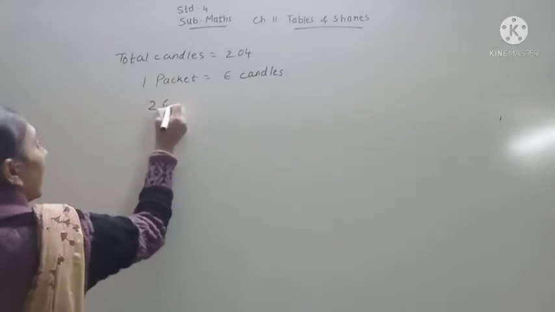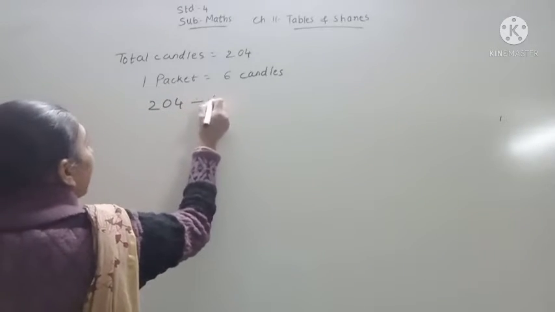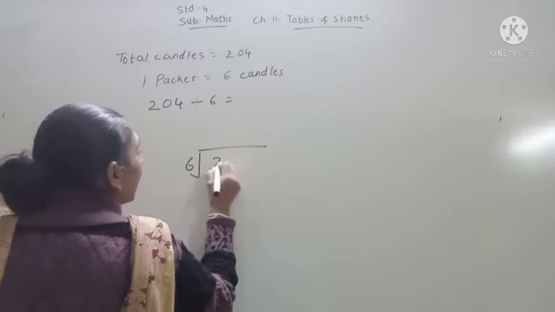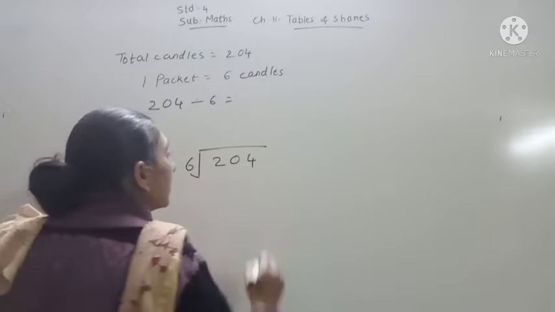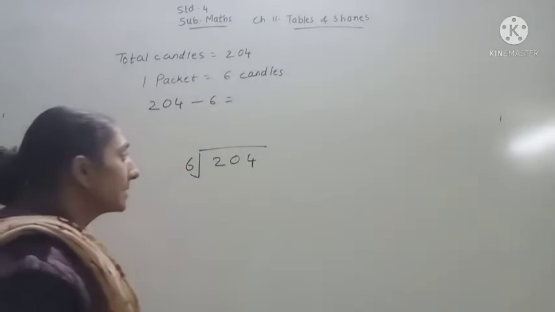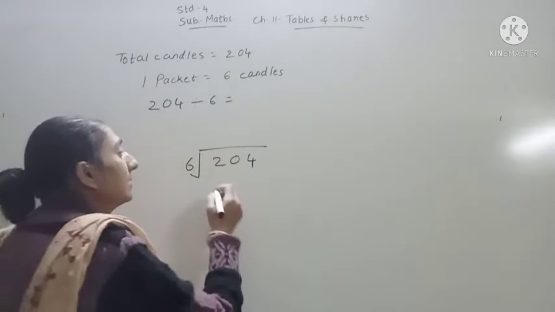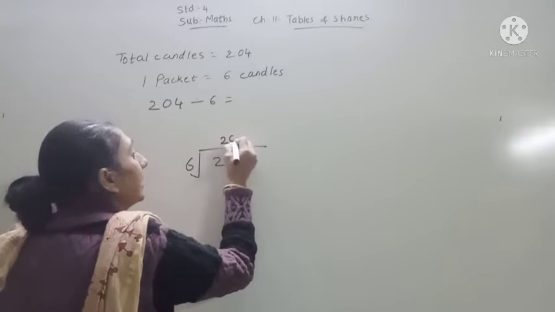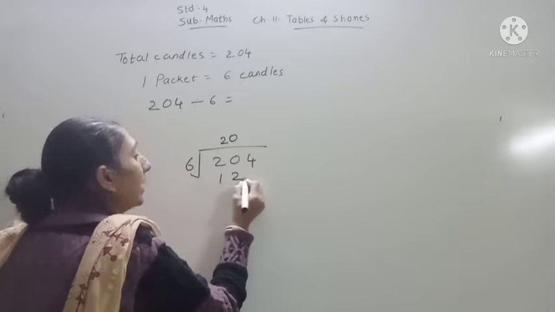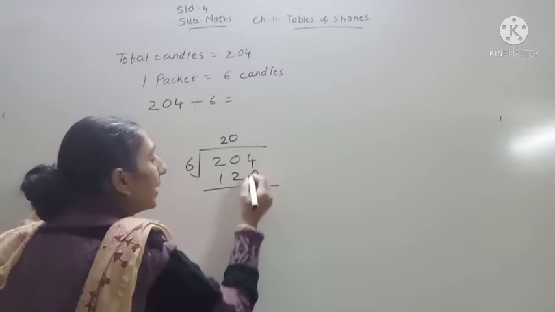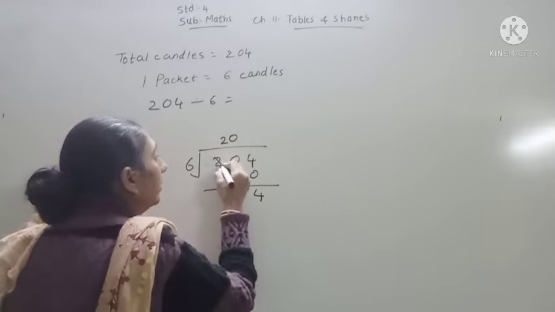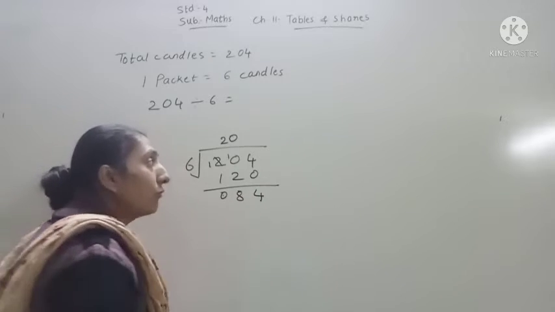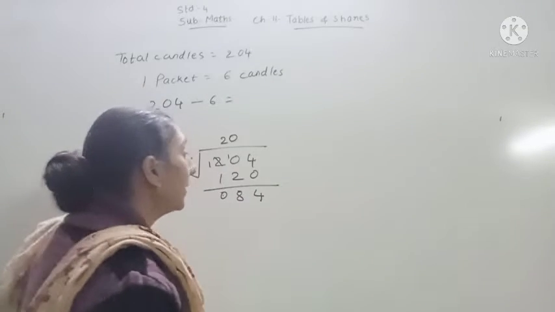So 204 divided by 6 is equal to. 6 20s are 120. What is the remainder? 84 is the remainder.